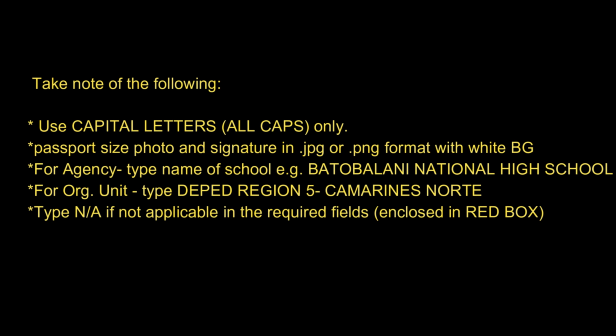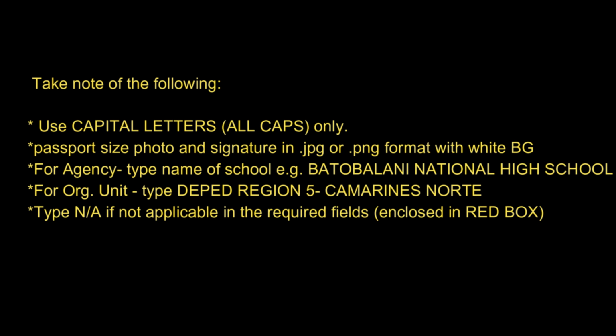So, dapat naka-caps lock. Yung passport size at yung signature ninyo is in JPEG or PNG format with white background. And under agency, you need to type Batubalani National High School. And for the organizational unit, you need to type DepEd Region 5 Camarines Norte.